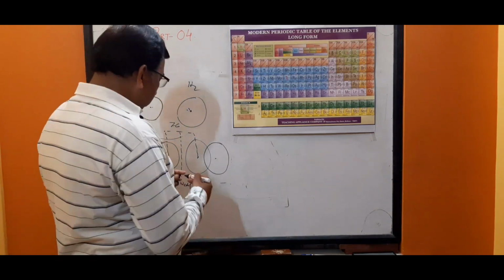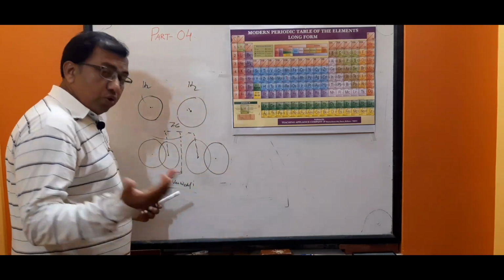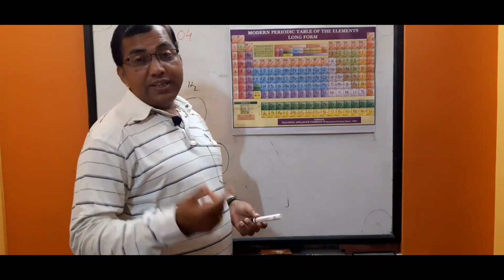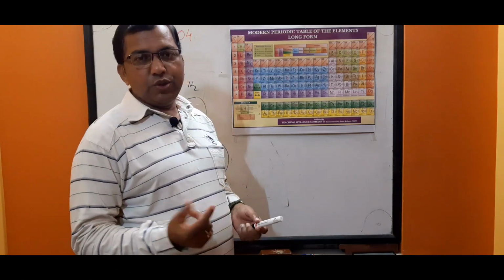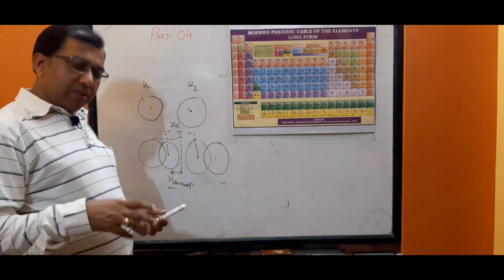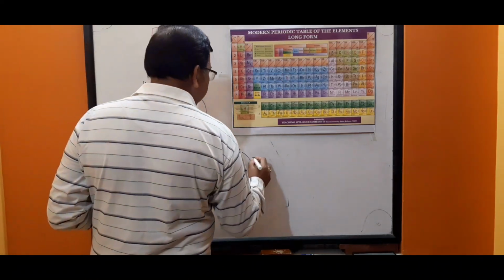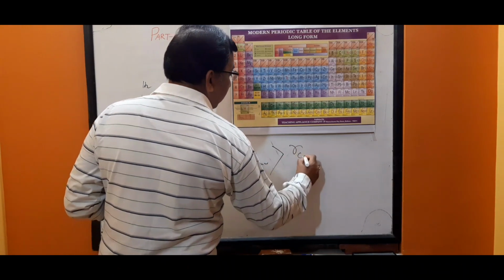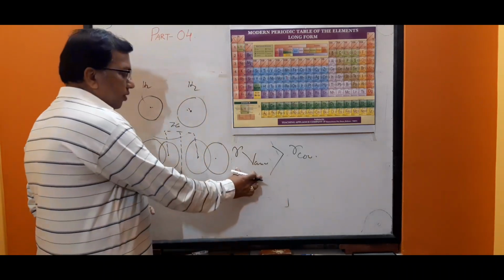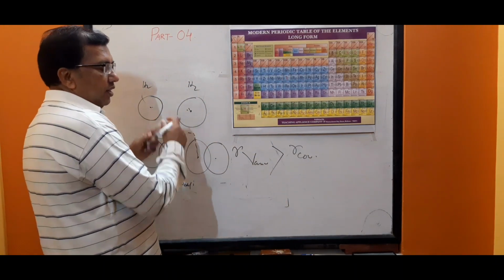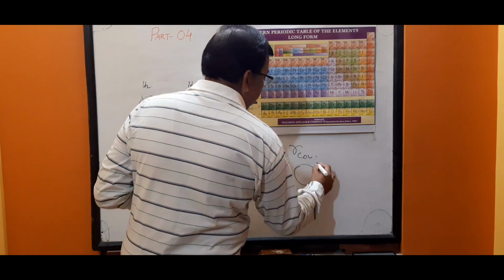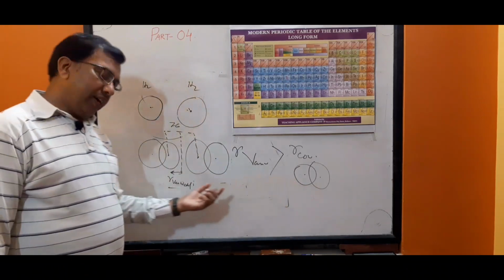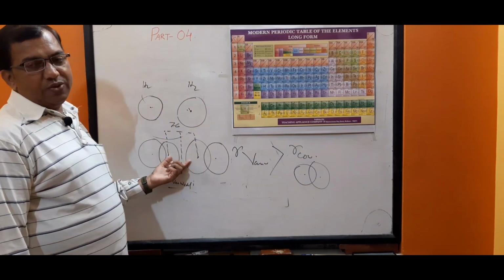So tell me which is greater, covalent radius or van der Waals radius? From the concept given, van der Waals radius is greater than covalent radius, because in the figure, in the case of covalent, overlapping took place, and you take half of that, but in van der Waals no overlapping took place.